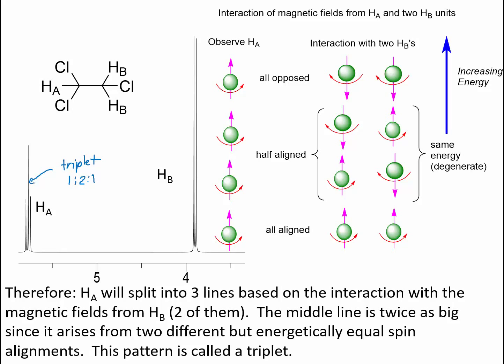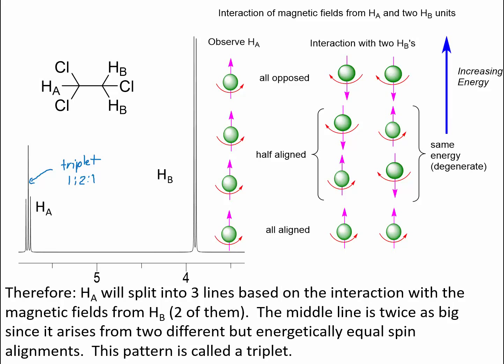Let's do the same analysis here. We've got to consider now that there are two HBs. If both of them are aligned, this is the lowest energy situation. We can have either one of them opposed and one aligned, and there are two ways to do that. I can't draw these on the same line because I don't have enough room, but we call this the half-aligned configuration.